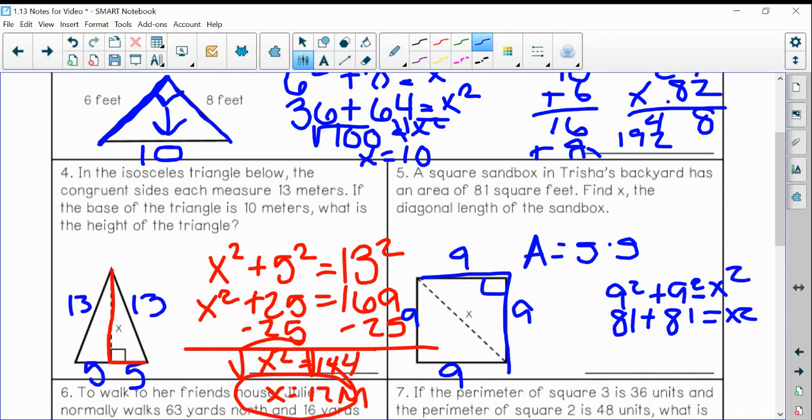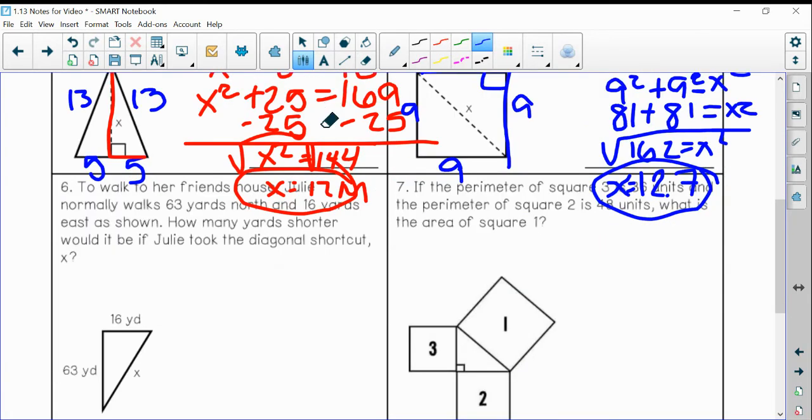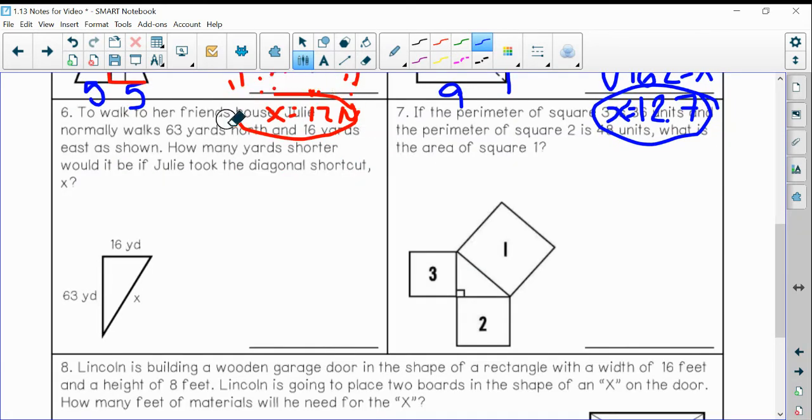So 81 plus 81 is 162. And then the square root of that is going to give me that the diagonal is 12.7. Did you get that right? Do you see what you did wrong? If you didn't, put a star there and ask me in our small group.